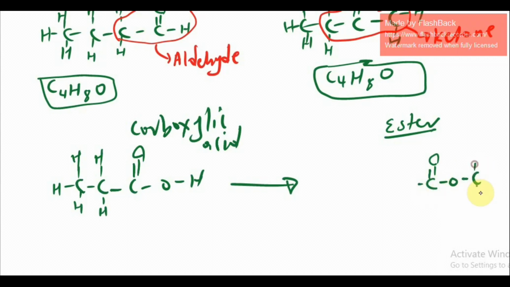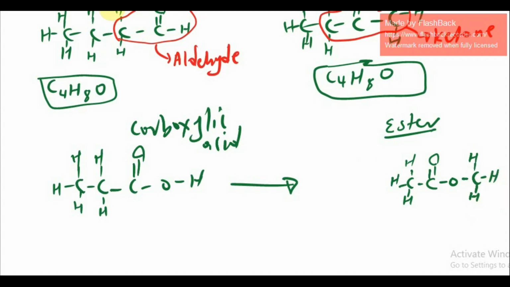OC. Okay? Now to make an isomer, how many carbon atoms do we have here? 1, 2, 3, which means we will just have another carbon here. Then oxygen: 1, 2. Hydrogen: 6, so we must have 6 hydrogen atoms here too.